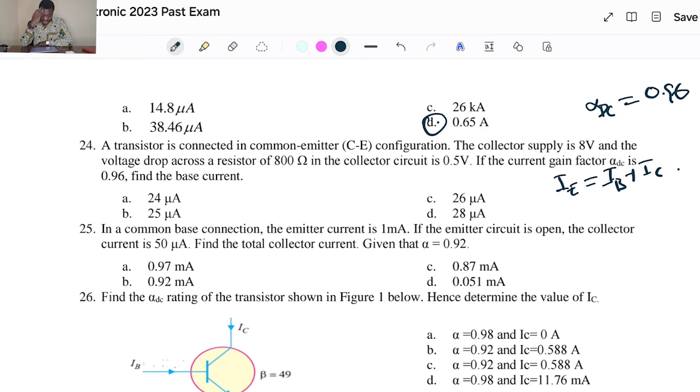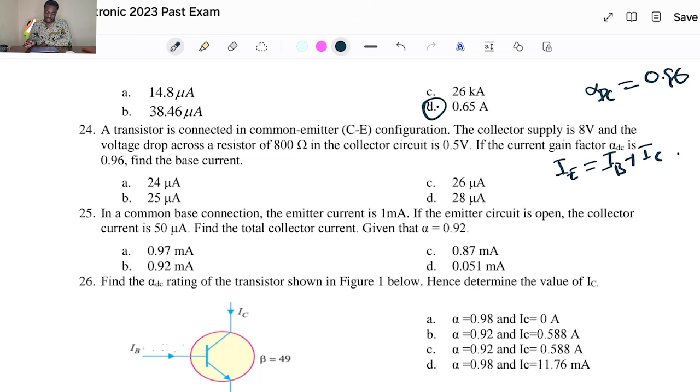And from the question we are given, the collector supply is 8 volts, and the voltage drop across a resistor of 800 ohms in the collector circuit is 0.5. So this 800 ohm resistor is the load resistance, right?